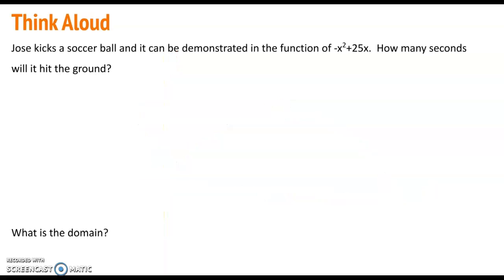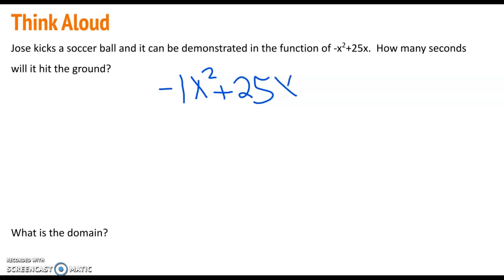All right. So I'm going to rewrite that equation one more time. I know it doesn't have a coefficient, but I know it's a coefficient of 1. So I have negative 1x squared plus 25x. This is a little different from my last think aloud because we had an A term and a C term. But in this case, I have an A term and I have a B term.